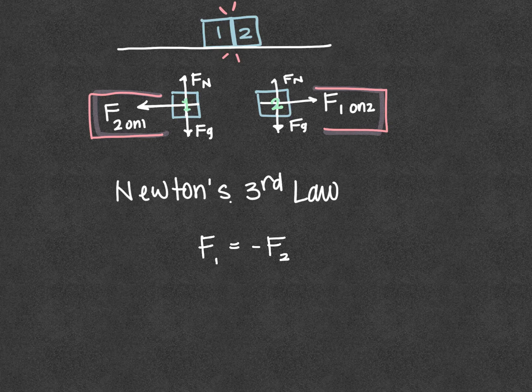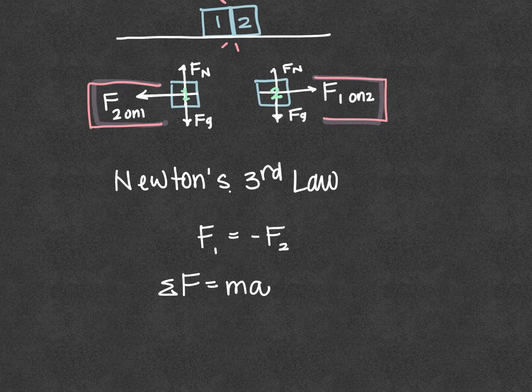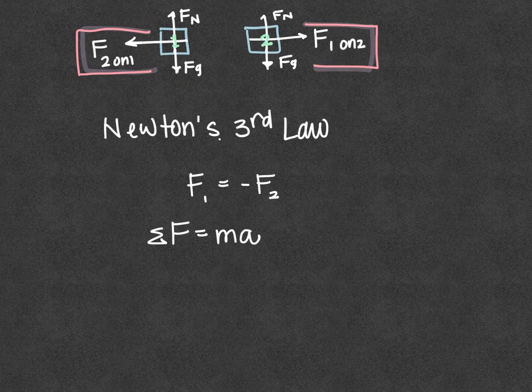So if we use Newton's second law, and that the net force is equal to ma, then we can look at what's happening here and say that our force, the net force, is equal to mass.